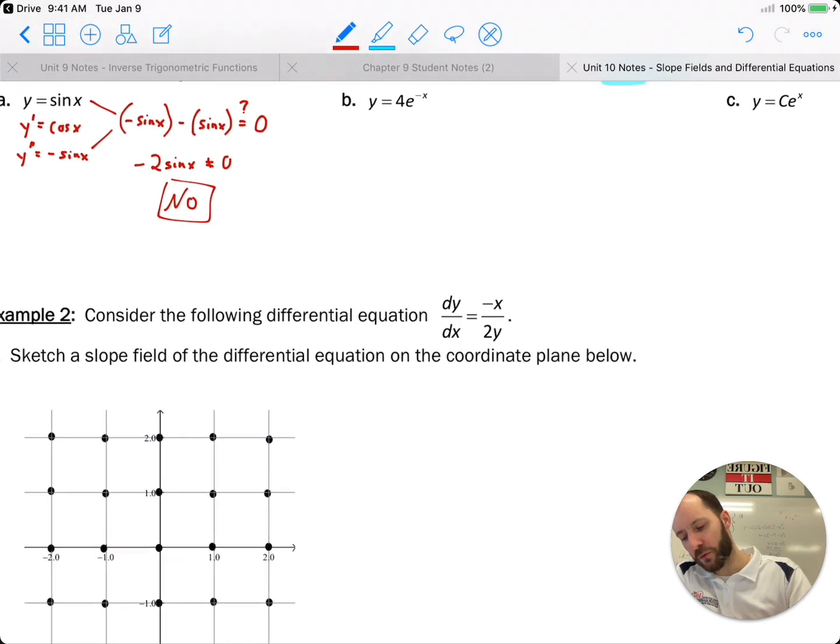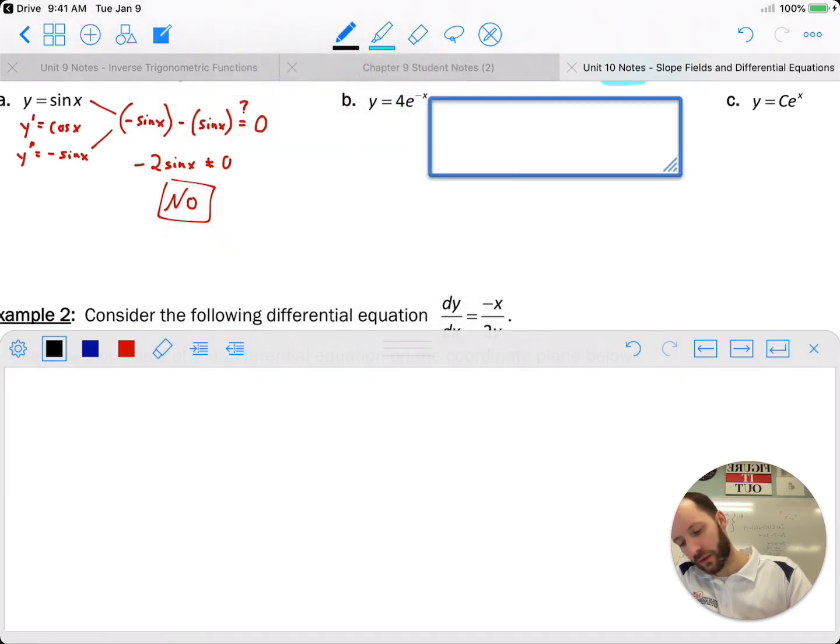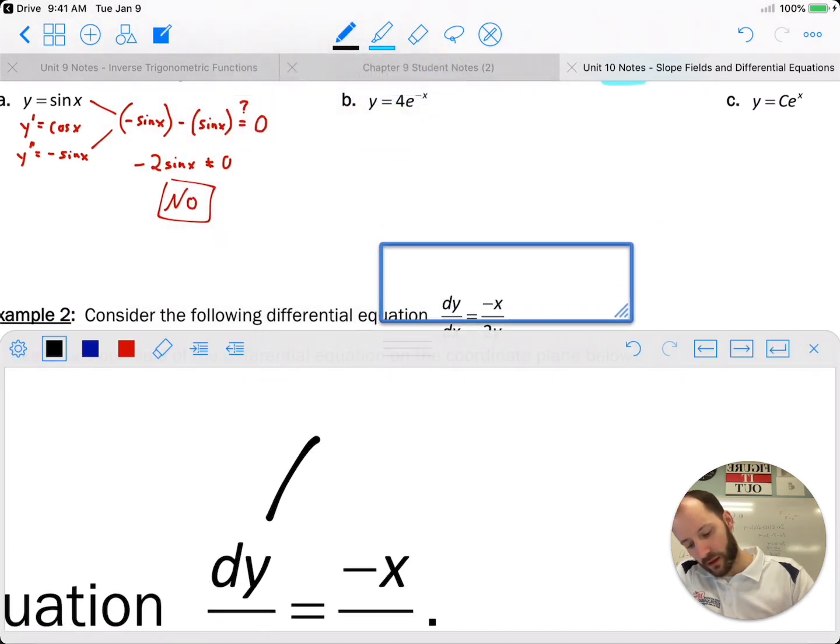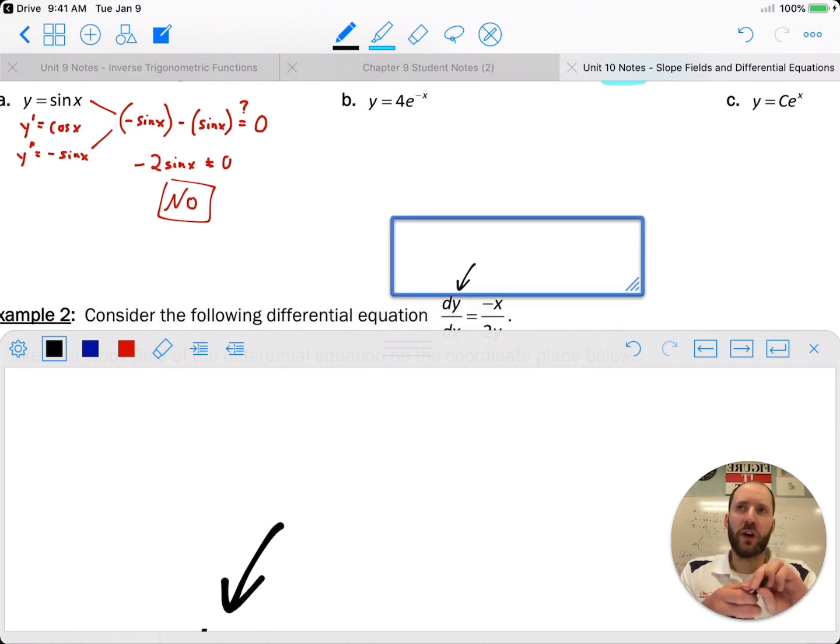And now slope fields. These used to be a more popular item on the AP Calc exam. They kind of took a seat on the back burner for a while, but now I've seen them a few more times in recent history on the FRQ portion where you have to make one, or in the multiple choice where you identify which of these choices is represented by this slope field.